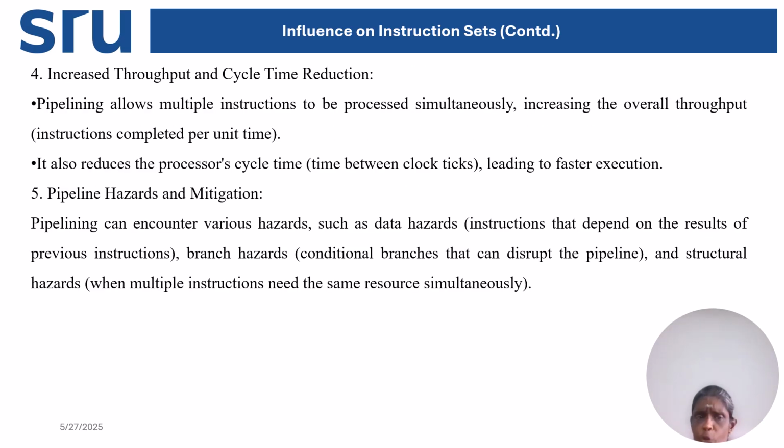The increased throughput and cycle time reduction. Throughput, we know, means performance efficiency. But what is cycle time? In the previous videos I told you, cycle time means: after the first clock cycle is sent, during that time some specific task is completed, and after that the second clock cycle will be sent.